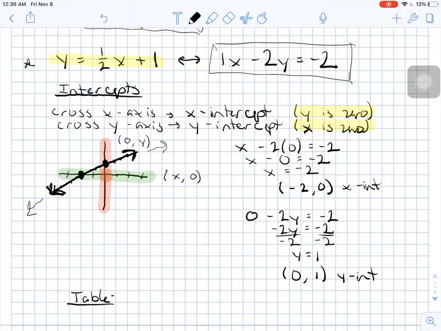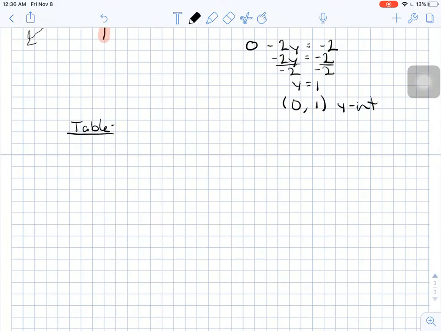So this starting equation that I gave you was the linear equation, but it had been solved for y, which is where we got the y equals 1/2 x plus 1. That actually is convenient when you're making a table because the table strategy involves choosing a bunch of inputs and then finding the matching output and putting it on the graph.